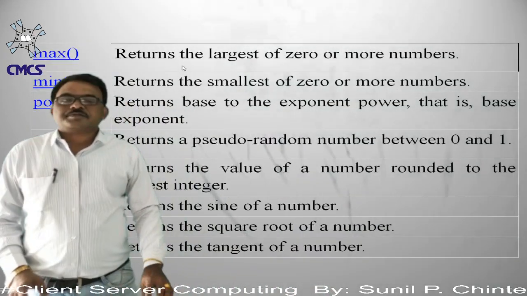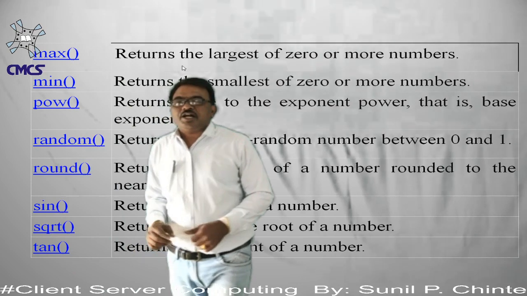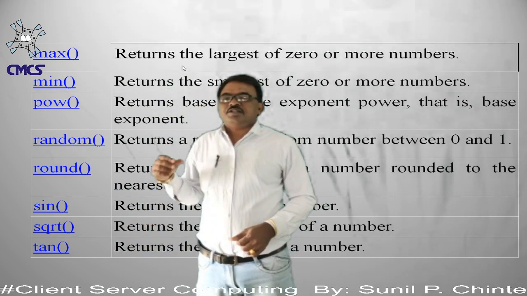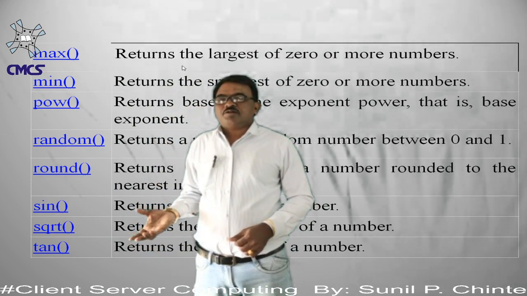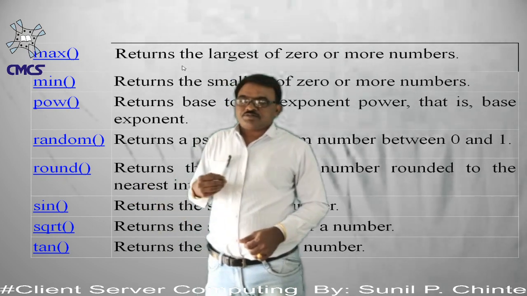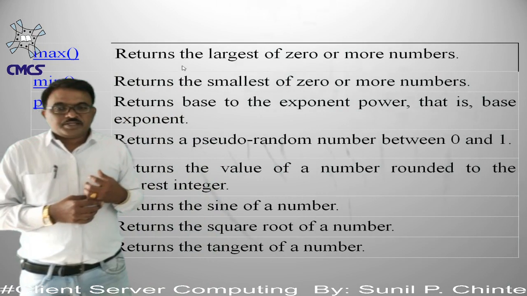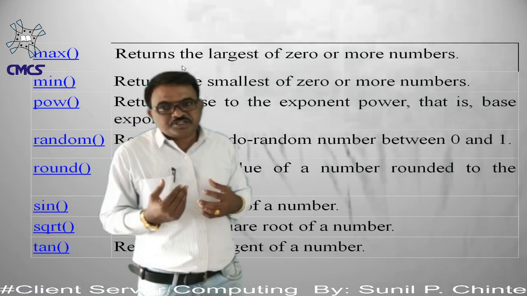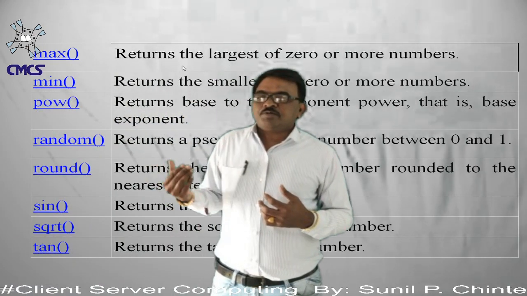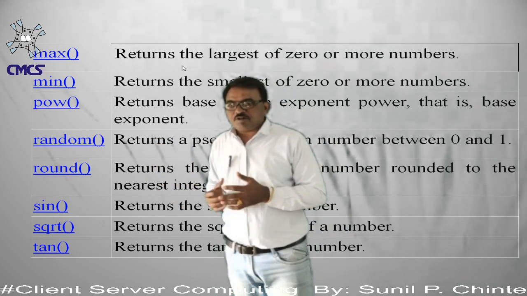Similarly, max returns the largest of two or more numbers. If you want to find the maximum number from a list, at that time we use max. Min will return the smallest value.